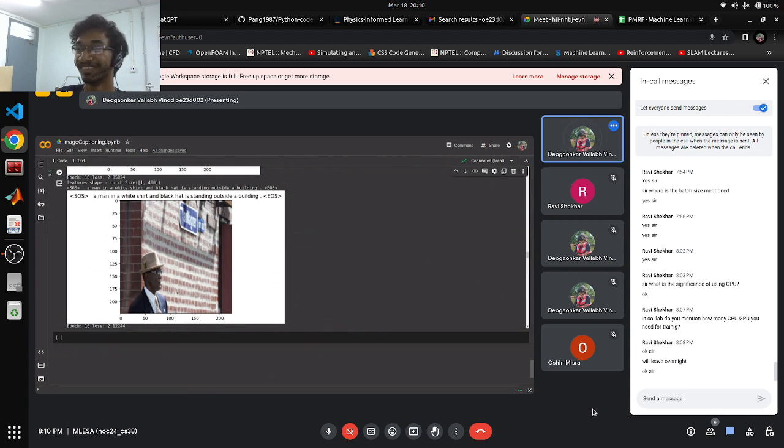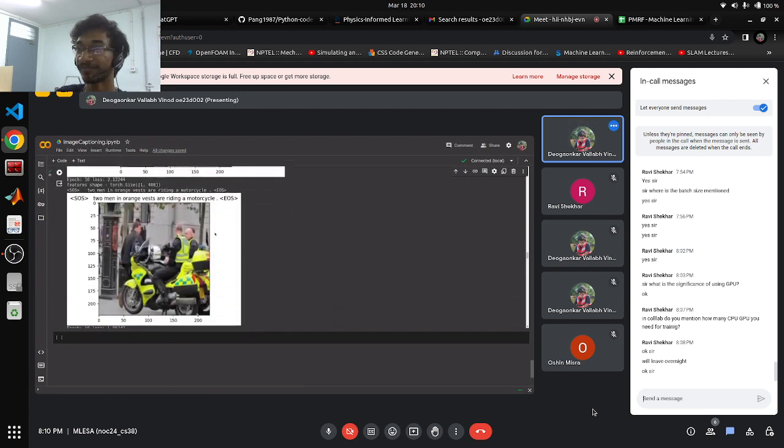Yeah, this is what we would put as a caption. Here it's not really understanding what an orange really means, but it put the riding the motorcycle part correctly.